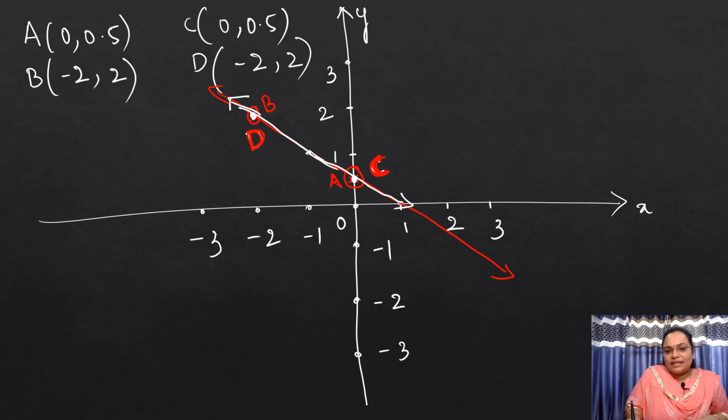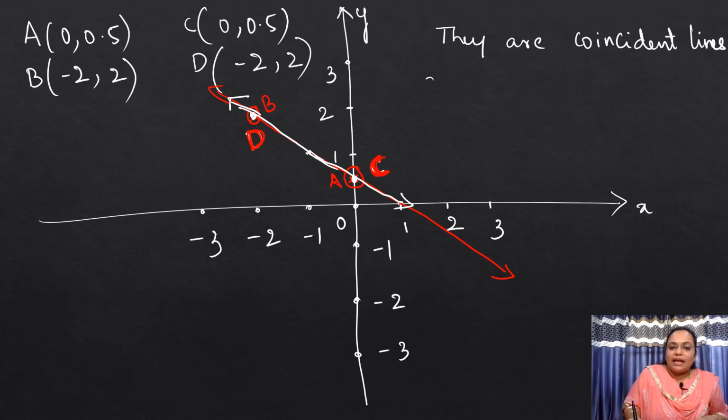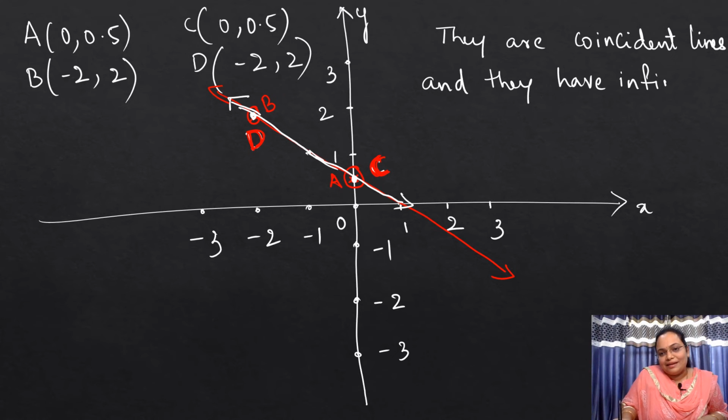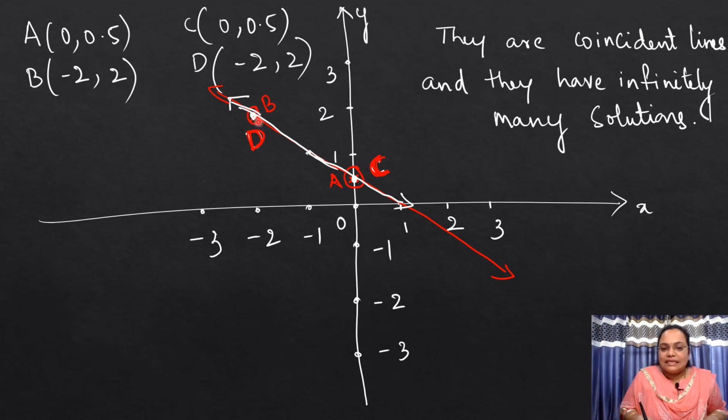So we can say that they are coincident lines, right? And they have infinitely many solutions. Since I have taken 2 points, the 2 points are on the same line, right? The coincident line. Okay, so if you take more points, they will be on the same line. So the coincident lines have infinitely many solutions.